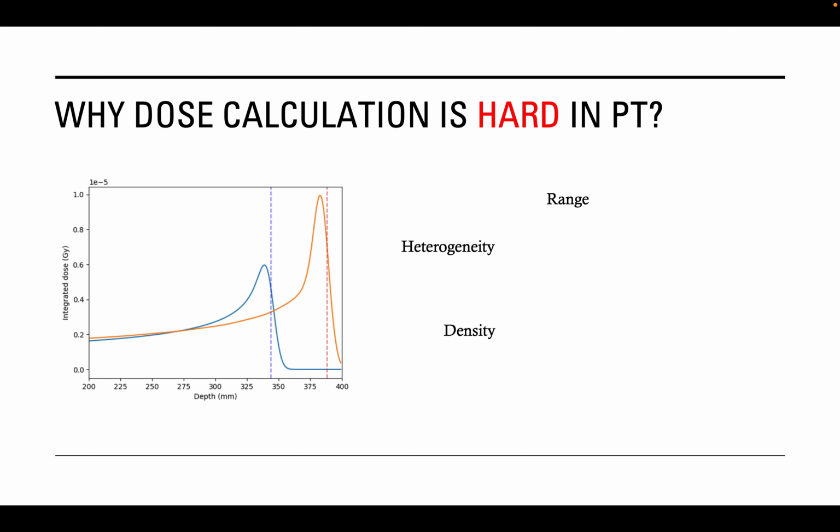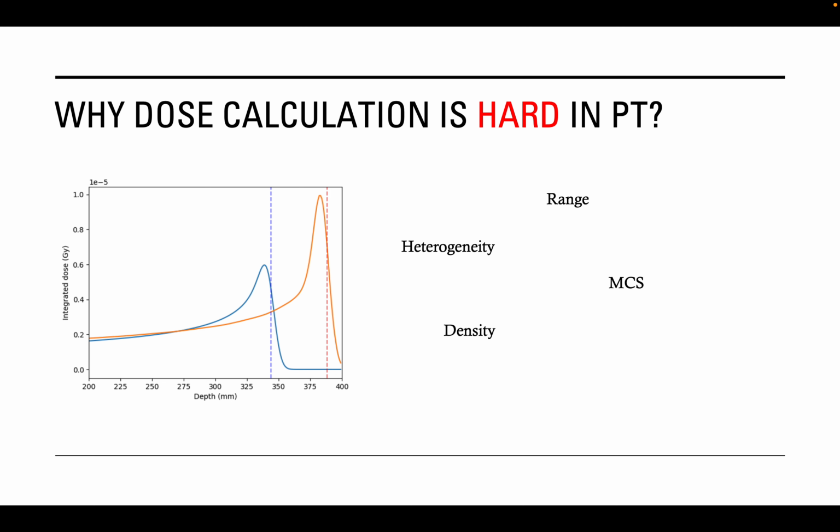Next comes density. We use density to get the stopping power from CT images. We get density, from density we get Hounsfield units, from Hounsfield units we get the stopping power ratio. And that conversion is imperfect and very much patient dependent. The biggest one is multiple Coulomb scattering.